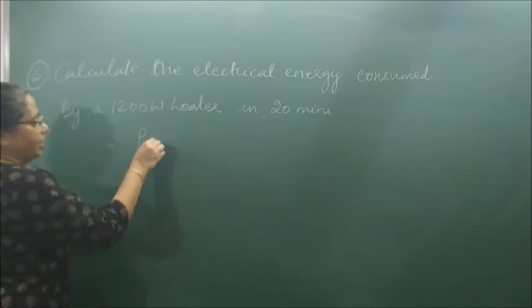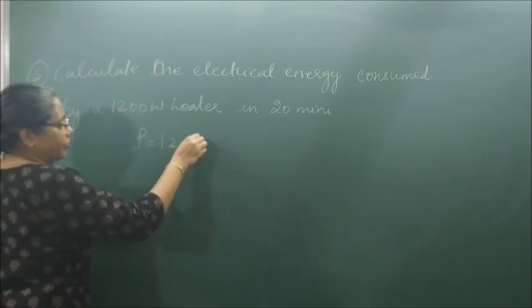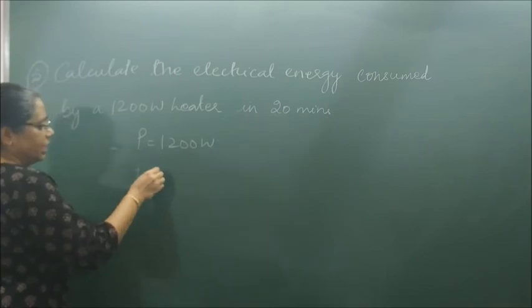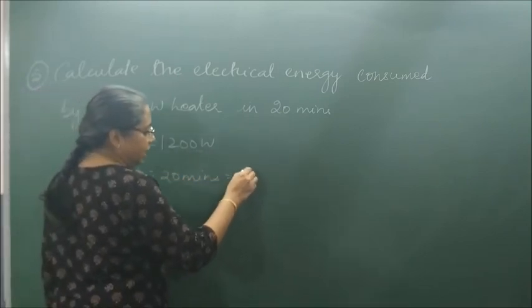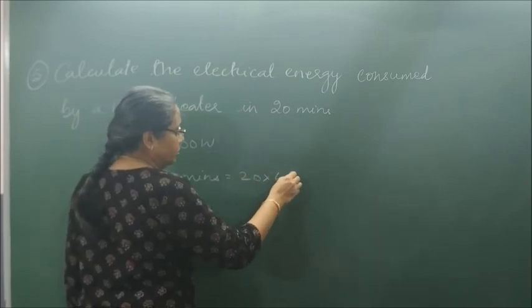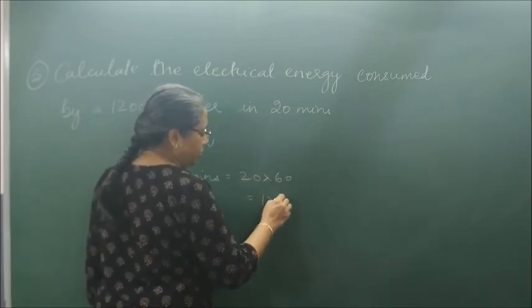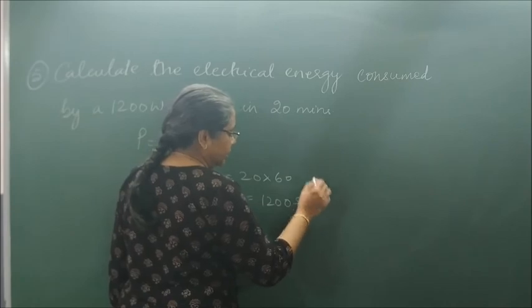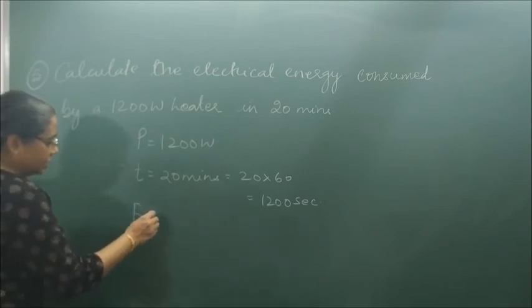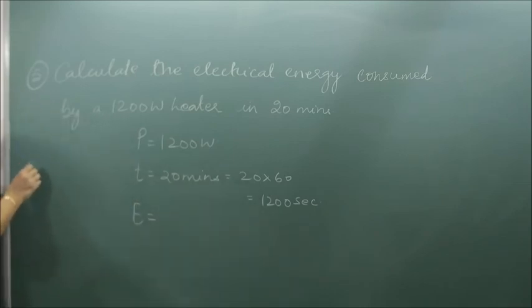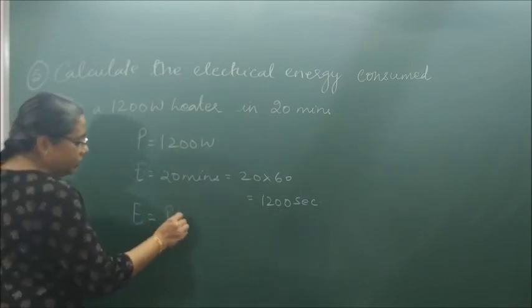We have P as 1200 watt. T is given as what? 20 minutes. Convert it into seconds. 20 into 60, which is equal to how much? 1200 seconds. Correct here? Again, what I have to find out? Energy. Which formula? P is equal to E by T. So E is equal to what?